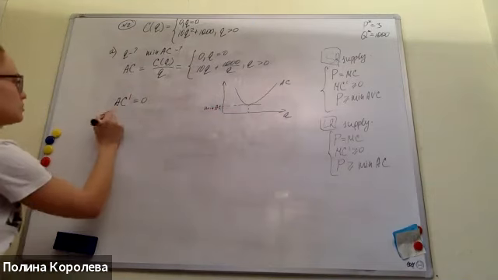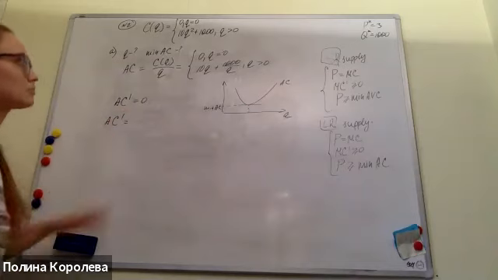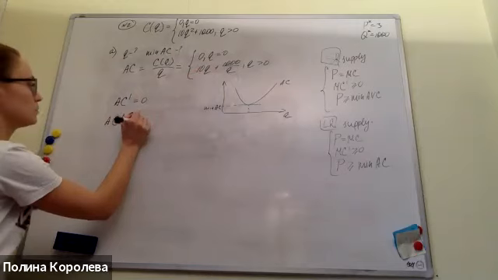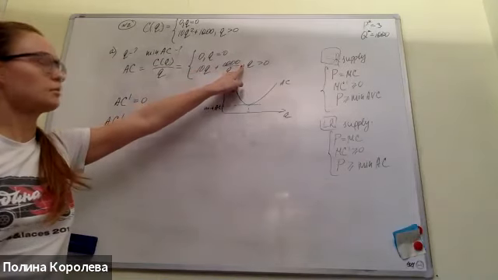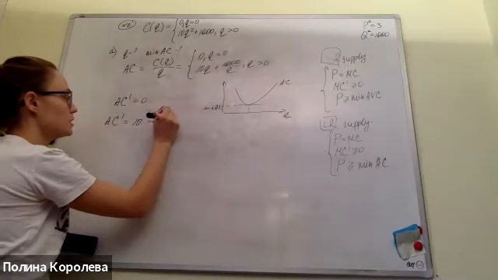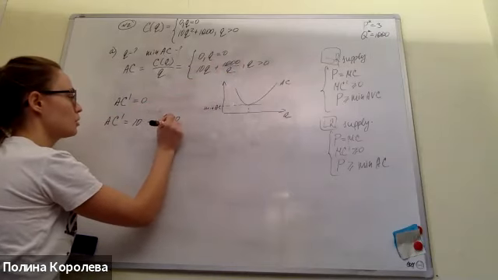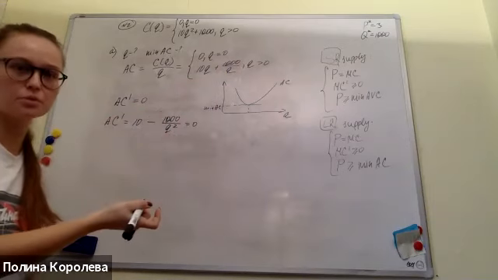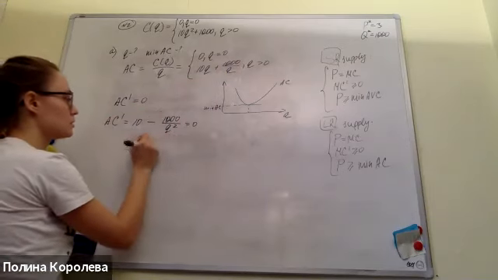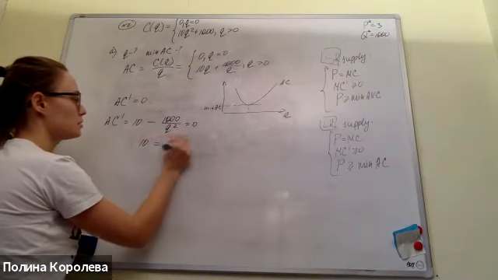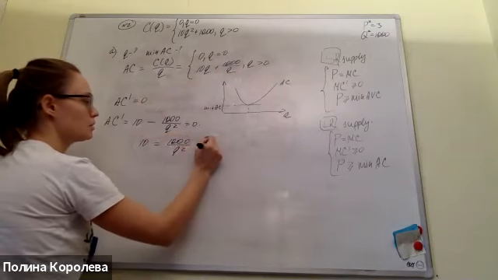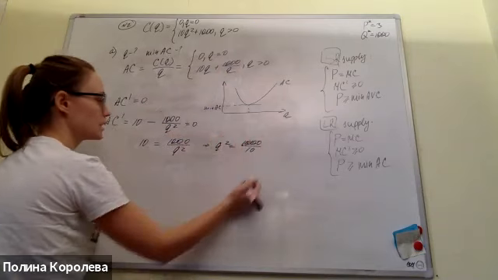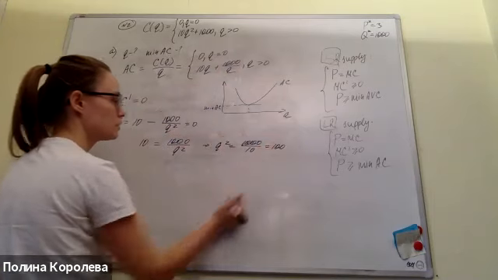So take the derivative. Here will be 10, and from here, minus 1000 over q square. And this should be equal to 0. From here, we'll find the quantity for which this is true. So 10 equals 1000 over q square. That means q square equals 1000 over 10 equals 100.